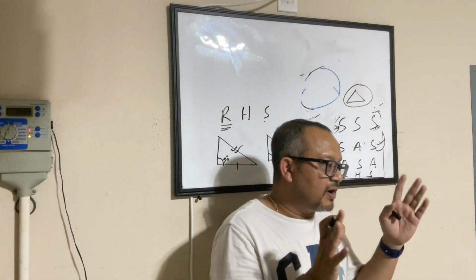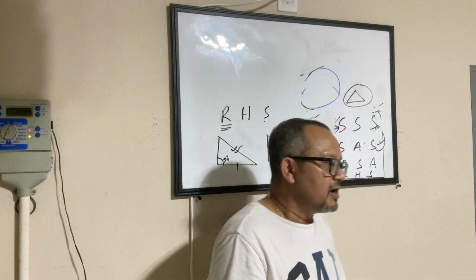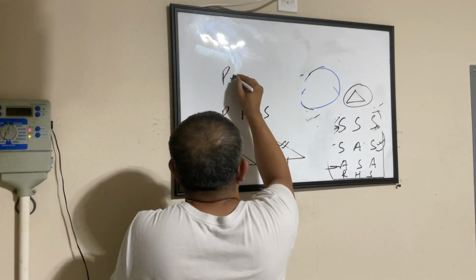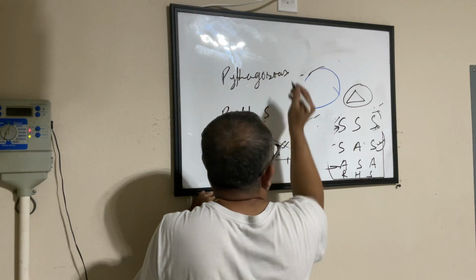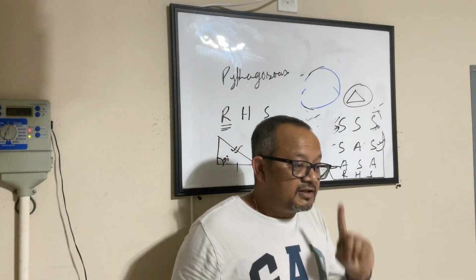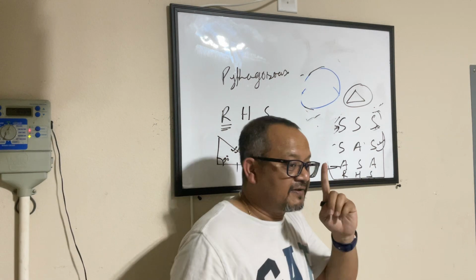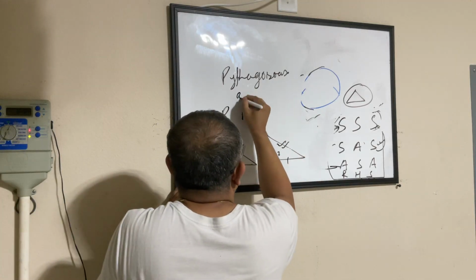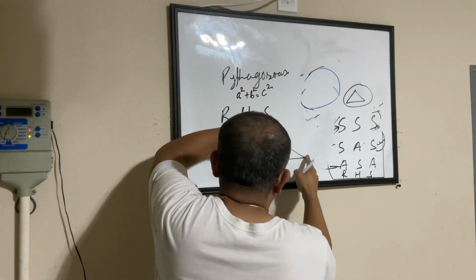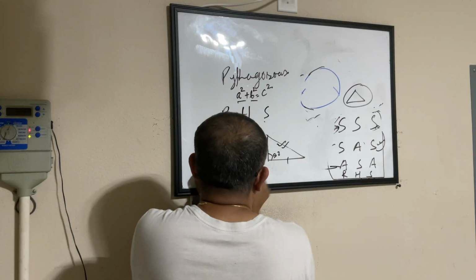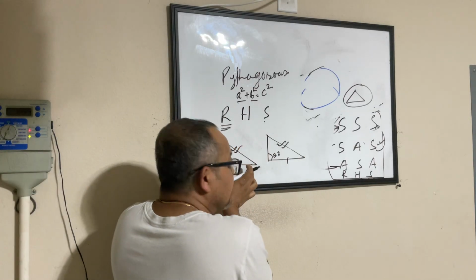We all have one uncle that is common. His name is Pythagoras. This common uncle of ours gave one formula which says a square plus b square equals c square, where c is the hypotenuse and a and b are the two sides making the 90 degree angle.